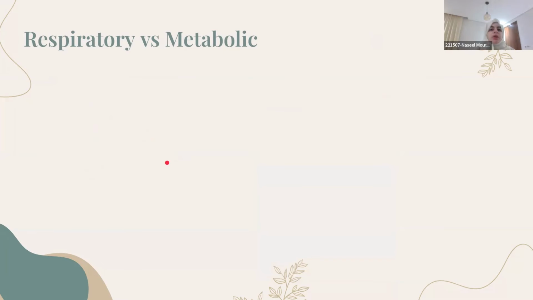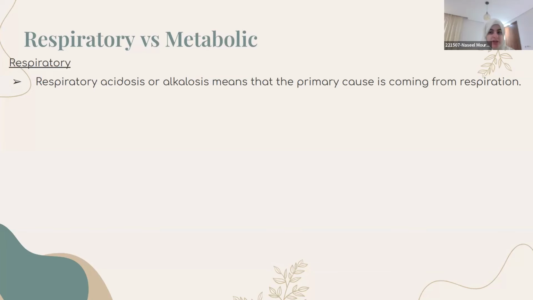Okay. Now, we know acidosis versus alkalosis. Now, when do you say it's respiratory and when do you say it's metabolic? Respiratory, either acidosis or alkalosis, means that it's coming from the respiration, from breathing. So this case means that the parameter would be CO2, carbon dioxide. Carbon dioxide is highly affected by the rate of breathing.